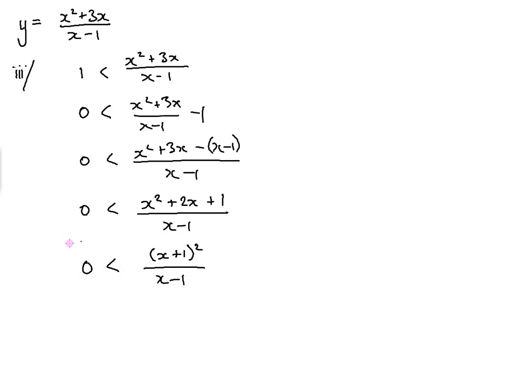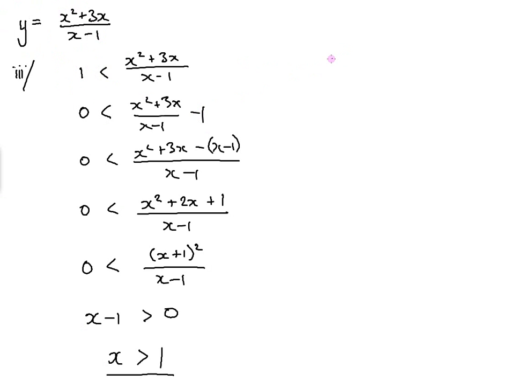So really, this whole thing is only true if x take 1 is bigger than 0. If it's smaller than 0, then because this is positive, this whole thing will become negative. So it can only work if this term x take 1 is bigger than 0, or if x is bigger than 1. So if x is bigger than 1, then we know for sure that this y is going to be also bigger than 1.